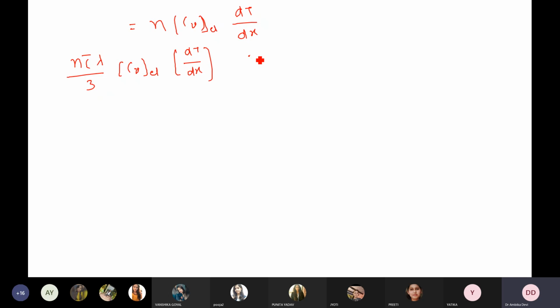Which is further equal to, I have not done anything, just substituted the value of what I had broken, sigma T dT by dx. Now let us compare both sides, the left hand side with the right hand side, so that sigma T is equal to this one, because dT by dx is equal on both sides.